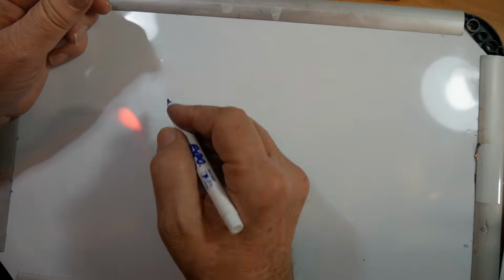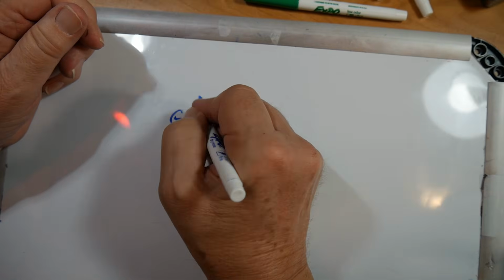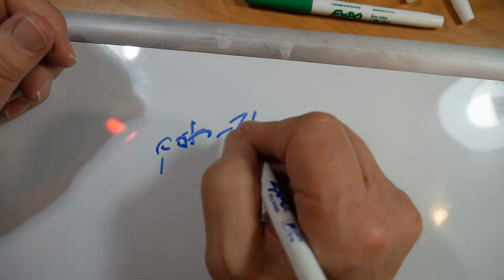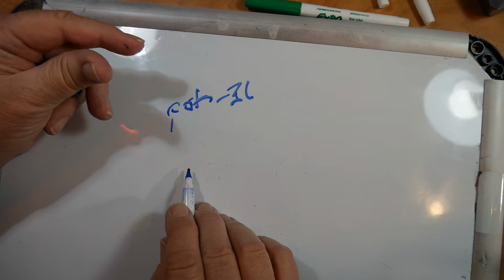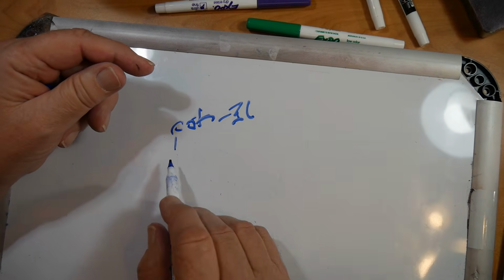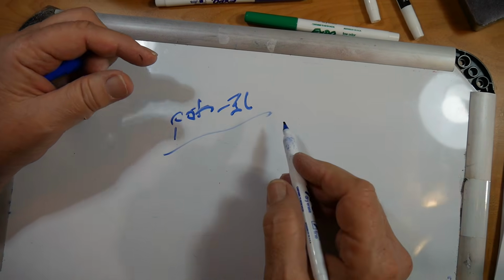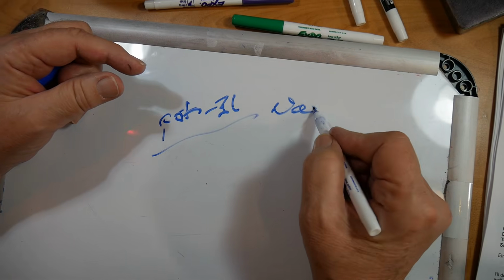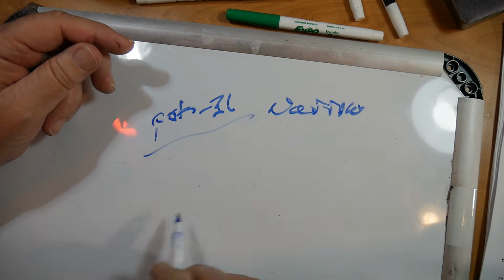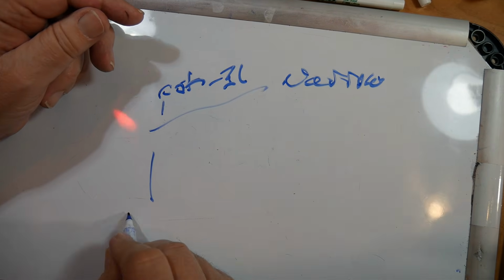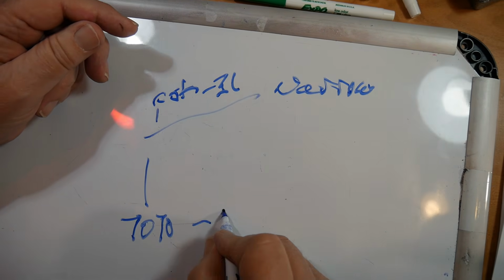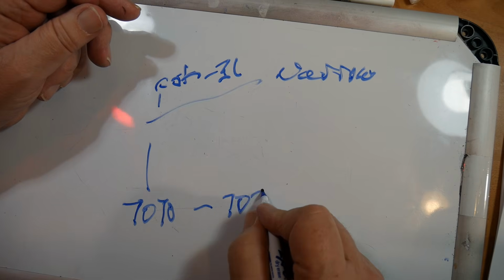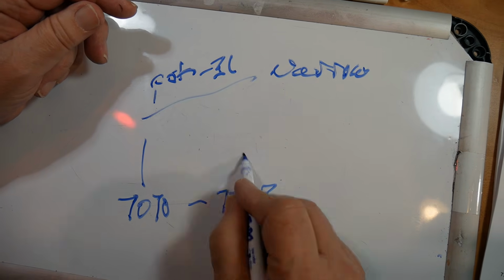Then came along something called PSK, PSK31, which can only be sent by creating an audio signal for it. PSK31 has very narrow bandwidth. So there was like from 7070 to 7073, which is one voice channel.